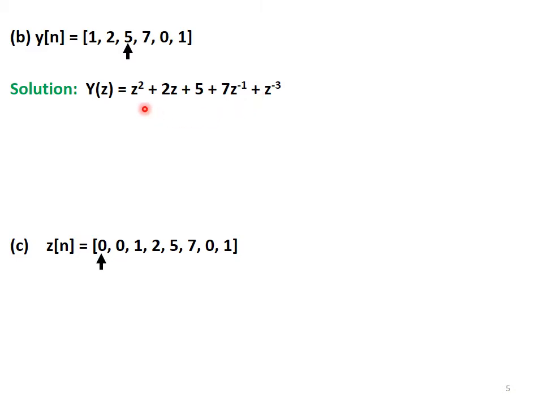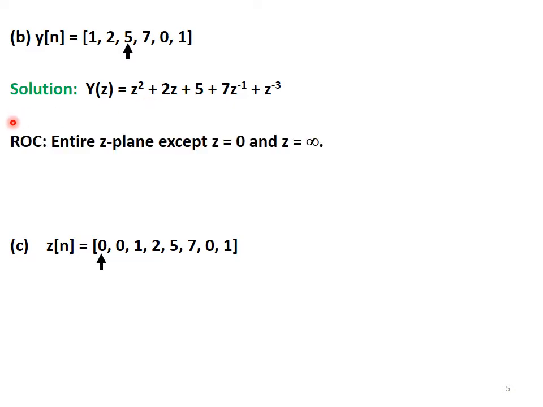Similarly, for z equal to infinity, this one is 0, this one is 0, this is 5, this is infinity, this is infinity, right? So Y of z is infinite when z equal to 0 or z equal to infinity. Other than that, if you put any value of z, for example 1, 2, minus 1, minus 5, whatever, you will get some finite value, right?